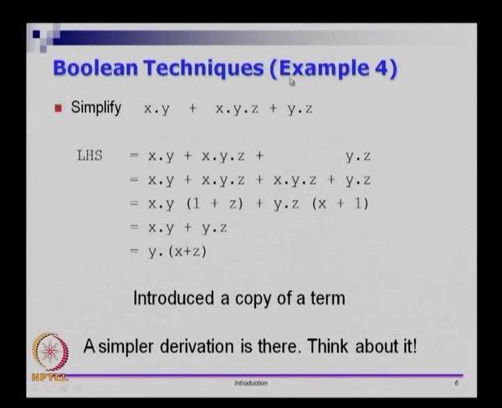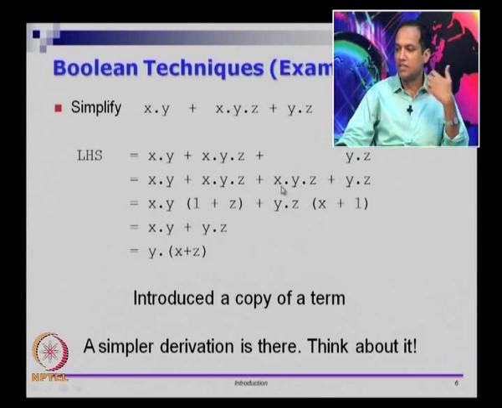So if you take the term x and y and z, even if I make multiple copies of those, it is the same as one term itself. In this case we are doing the other way around: we take one term and then we make multiple copies of that, in this case 2 copies of it. Once we do that, we can see that x and y is common to these two terms and y and z is common to these two terms, and this will let us simplify things.